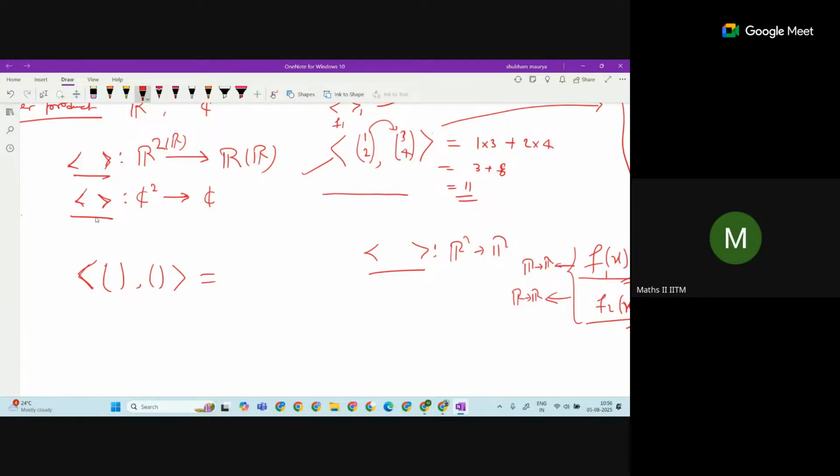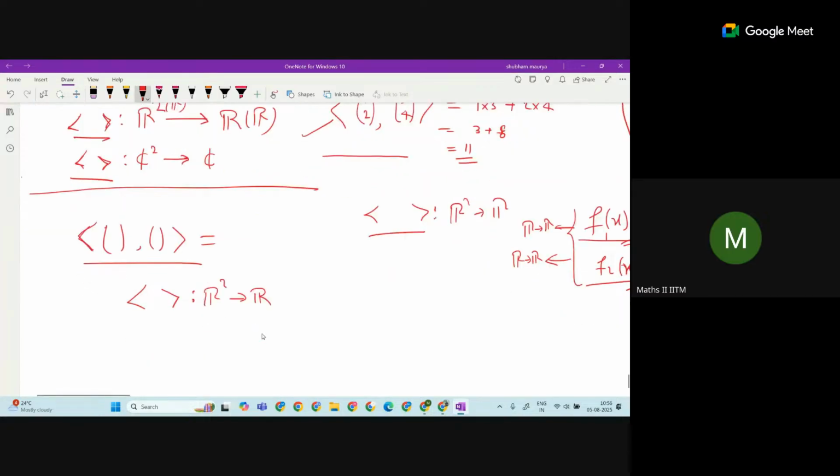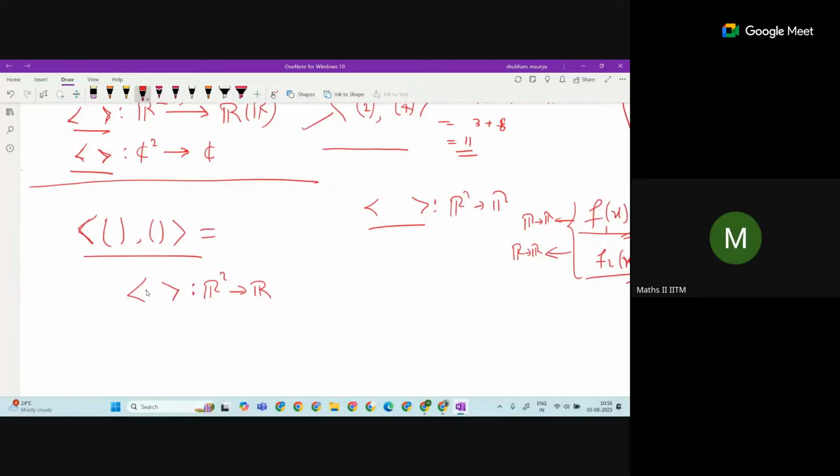But there is no need to fear it, because this is just a function. I hope all of you fear this kind of notation less now. Actually, the proper notation is a dot, then a comma, and then a dot.